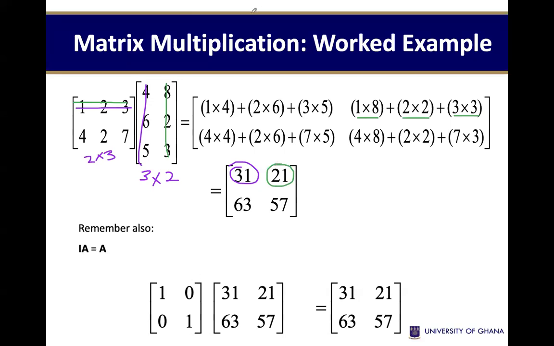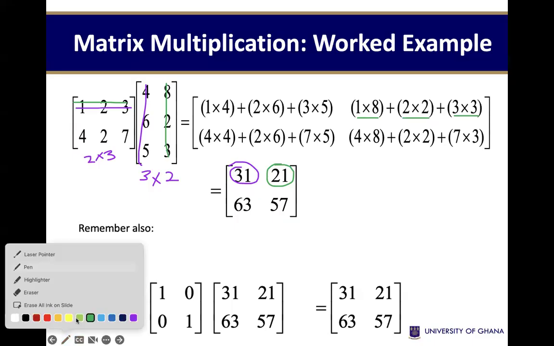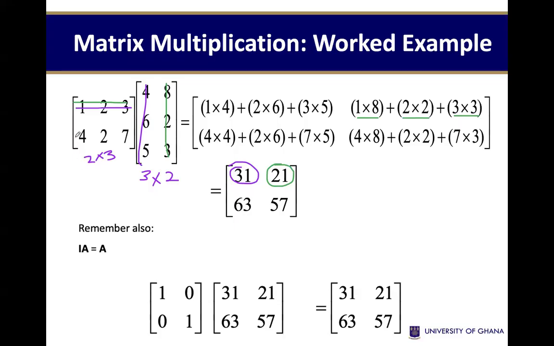And then now, we can go ahead and look at the other one, which basically should be the second row, which is 4, 2, 7, against 4, 6, 5.